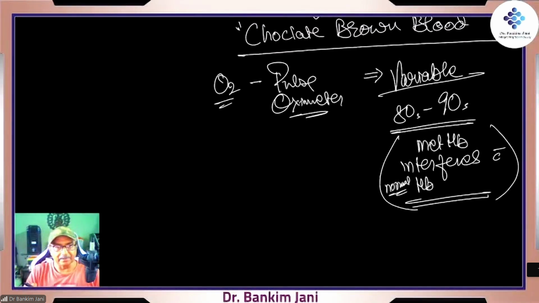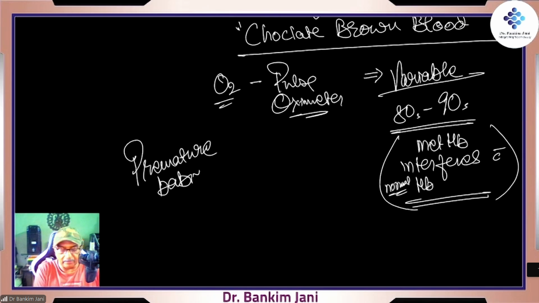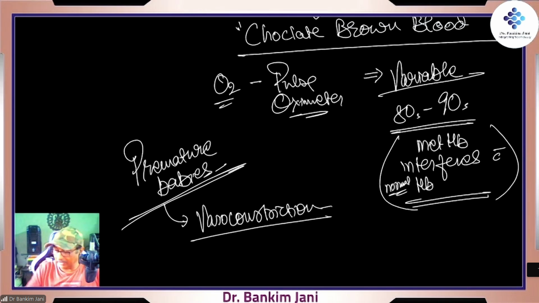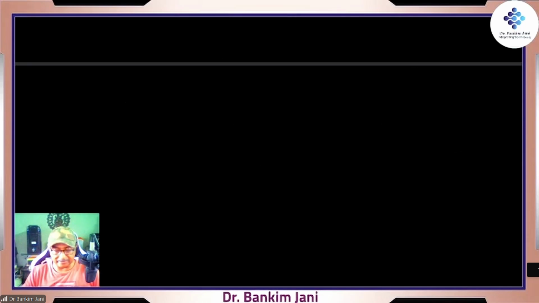One more scenario: premature babies. When the babies are premature, what will happen? The vessels would be constricted, so there would be vasoconstriction. If there is vasoconstriction, we need to dilate these vessels.